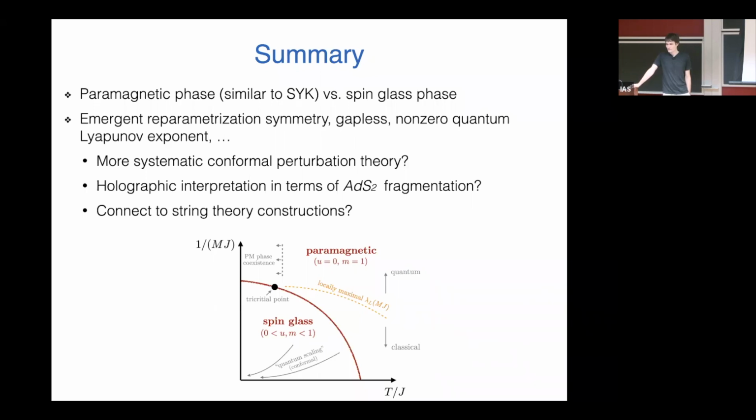So if we try to take a look at breaking in the replica space, replica is not continuous, right? The U signifies that the symmetry that's really broken is the permutation symmetry among the replicas.